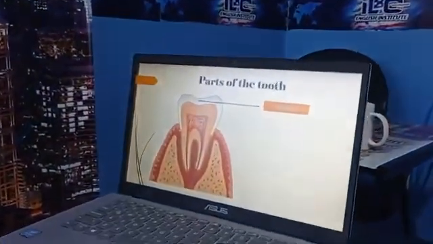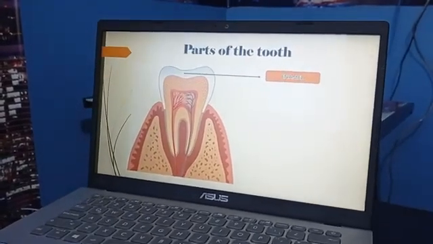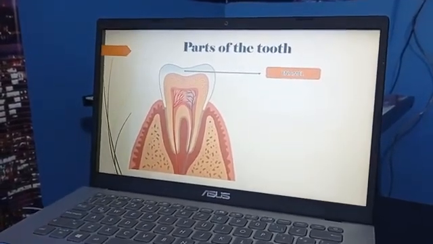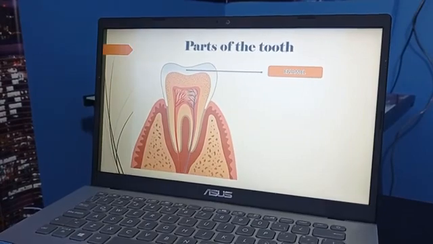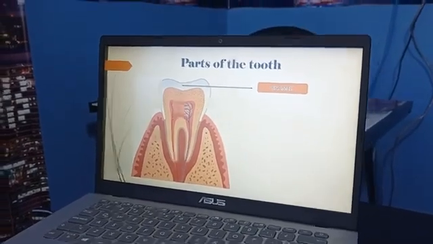Parts of the tooth. The first part is enamel. It is the hardest and most resistant tissue in the body and the most external part of the teeth. It doesn't regenerate in case of breakage, and in addition, the enamel doesn't have nerve endings, so it doesn't cause pain.